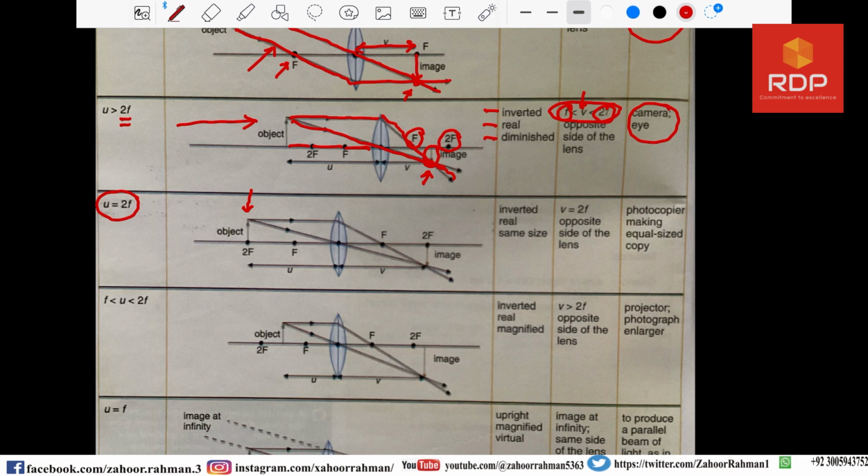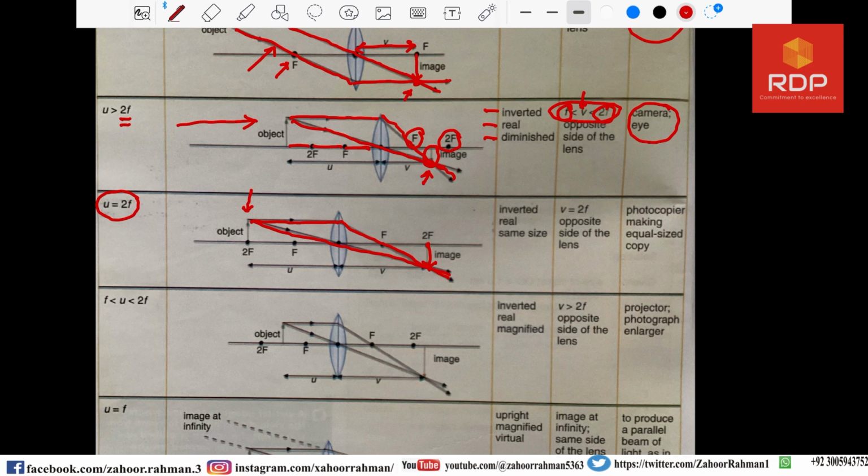So, dear students, draw a ray diagram, pass one line through the focus point, pass one line without any deviation, and wherever they intersect each other, you have to draw a line which will represent the image size as well.